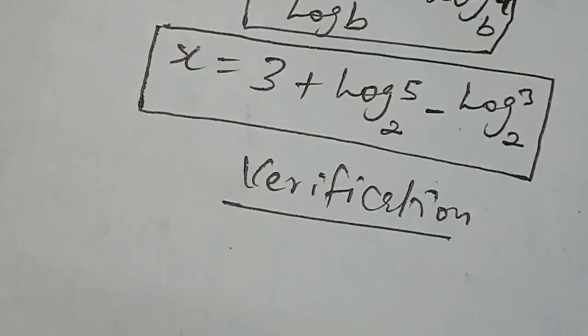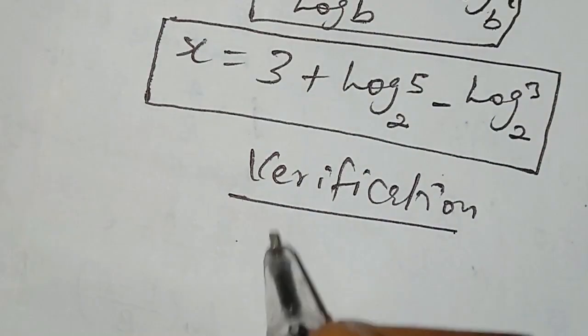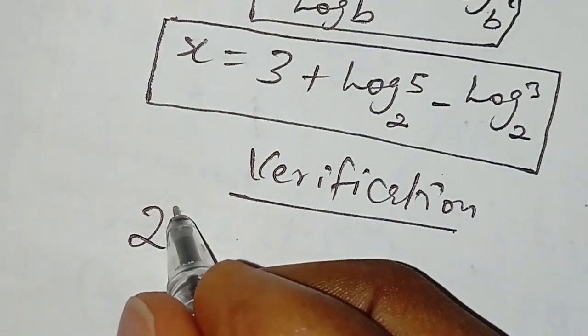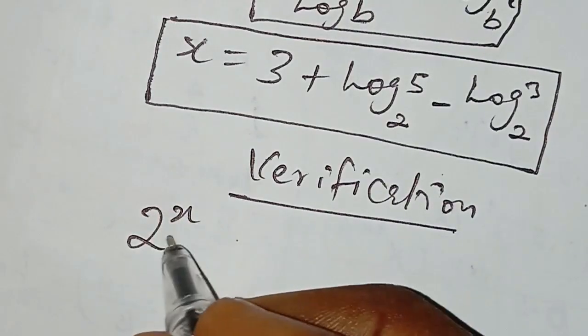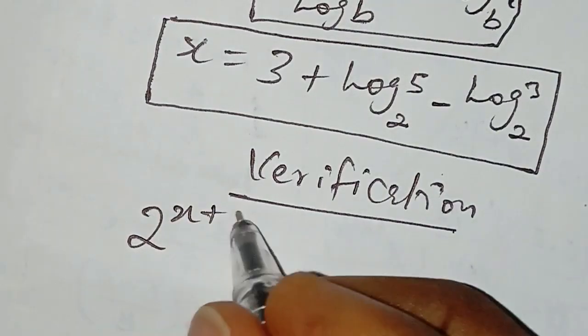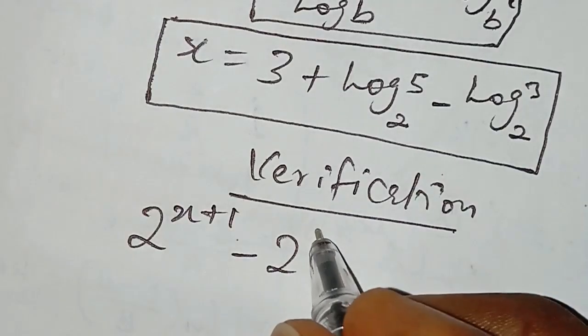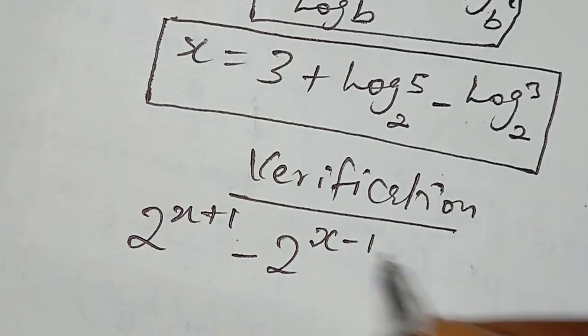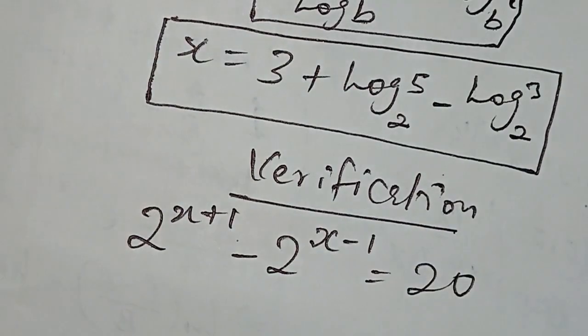So here we need to verify this value. From our previous expression, we have 2 raised to power x plus 1 minus 2 raised to power x minus 1 equal to 20.